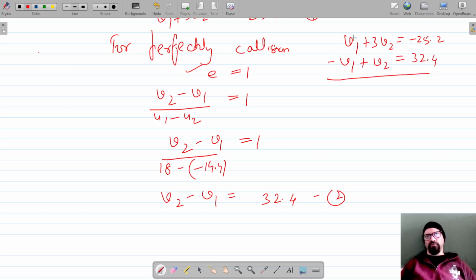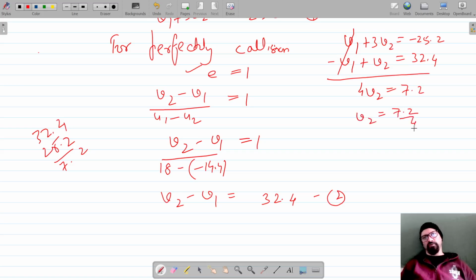If we add these two equations, 3V2 plus V2 is 4V2, equal to 32.4 minus 25.2, which is 7.2, giving V2 equal to 7.2 divided by 4. So the final velocity of the second body is 1.8 kilometer per hour.